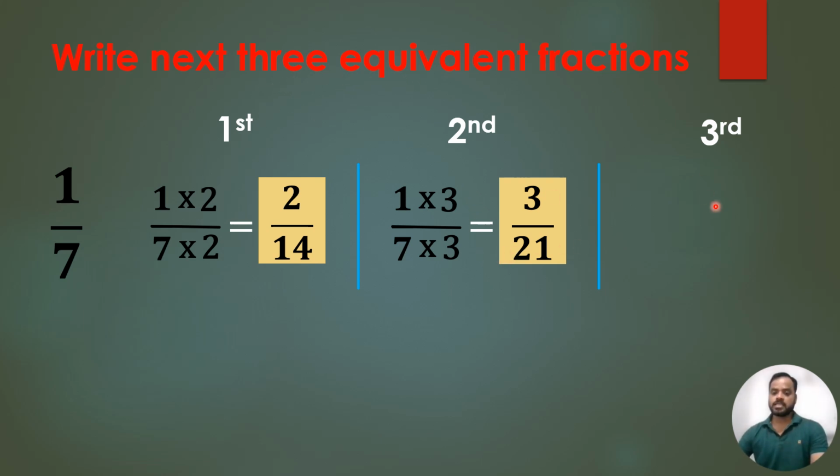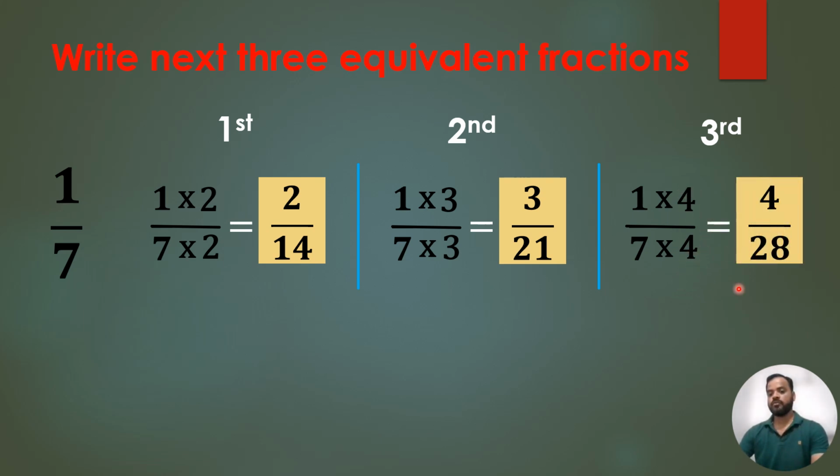Now to get the next equivalent fraction, we will multiply the numerator and denominator of 1 by 7 by 4. So 1 into 4 divided by 7 into 4. The numerator and denominator are multiplied by the same number 4.